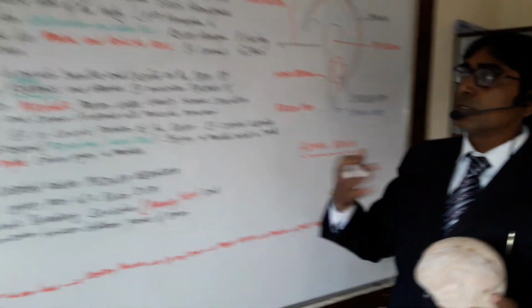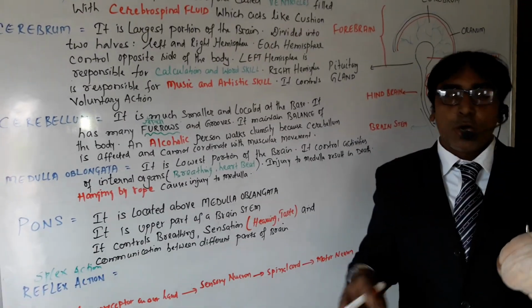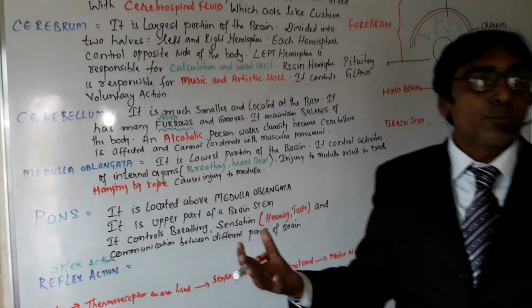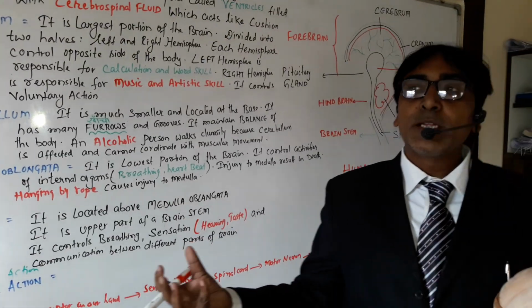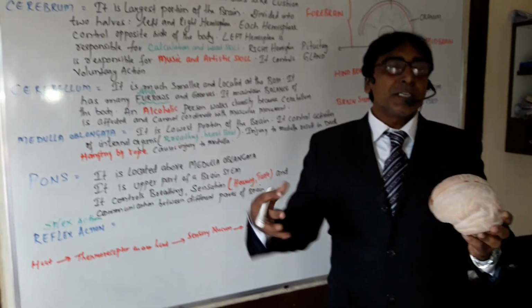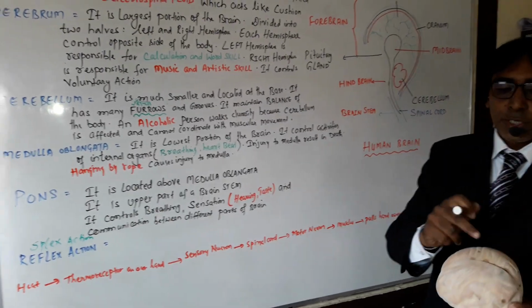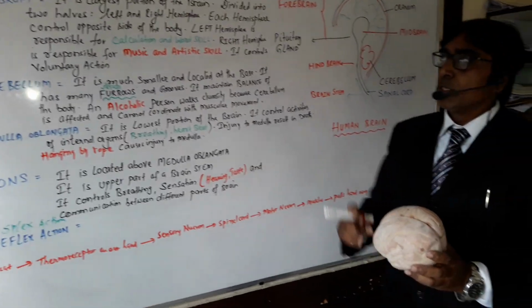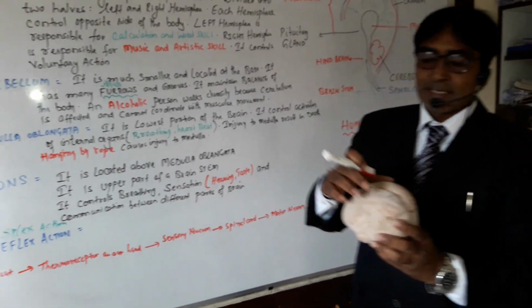We get satisfaction on hearing music only because of the right hemisphere. All the artisans, the potters who make pots, and all the artistic skills are also controlled by the right hemisphere. So this is all about the cerebrum.